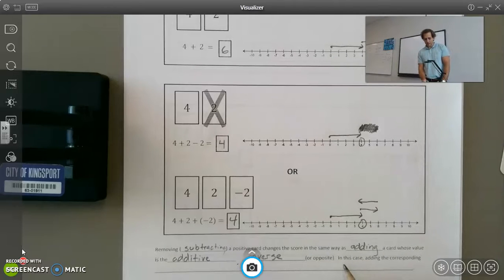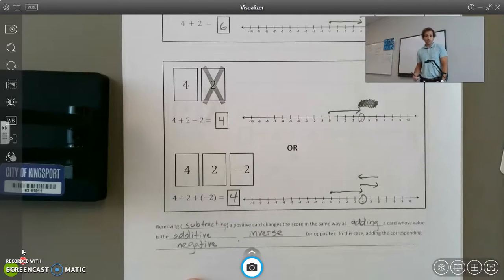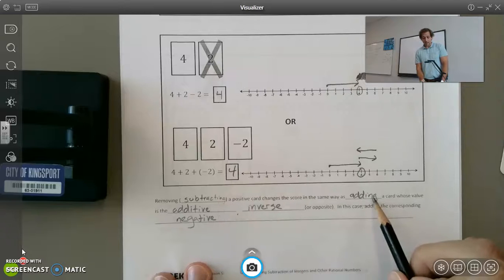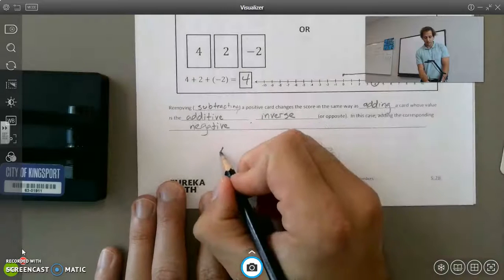In this case, adding the corresponding negative, because we're taking away a positive, so if we just add the corresponding negative instead of taking away the positive, it ends up being the same value. I think this last sentence is pretty confusing. What I think we need to focus on is subtracting is the same as adding the additive inverse or the opposite. And I might even just write that down here.